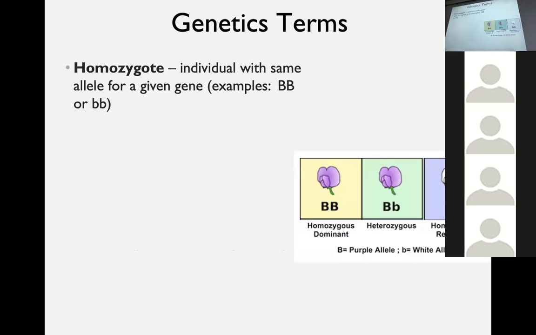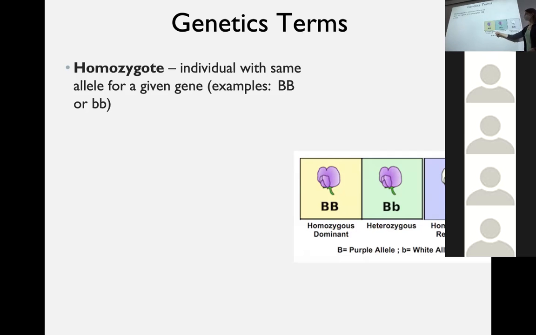A couple terms you may have heard when dealing with Punnett squares are homozygote and heterozygote. First, a homozygote is an individual with the same allele for some gene. Whatever gene B is, in this case it looks like it's flower color, the homozygous individuals are going to be either big B or little b, of the same. So these are our 2 homozygotes.